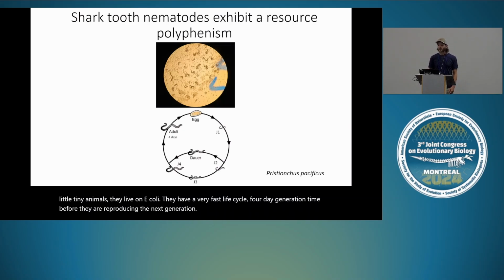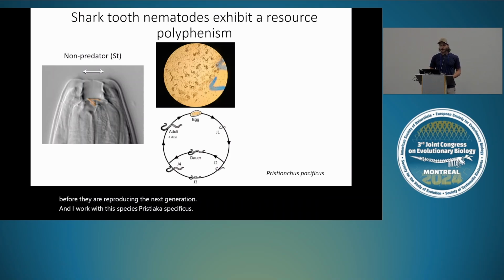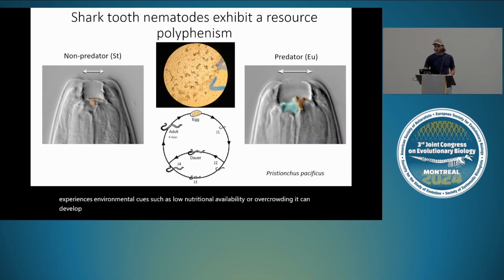I work with this species, Pristionchus pacificus, which develops into either a non-predatory ST form, which is strictly microbivorous, but if it experiences environmental cues such as low nutritional availability or overcrowding, it can develop into this predatory EU form that develops a novel hook-like tooth that allows it to predate on other nematodes.